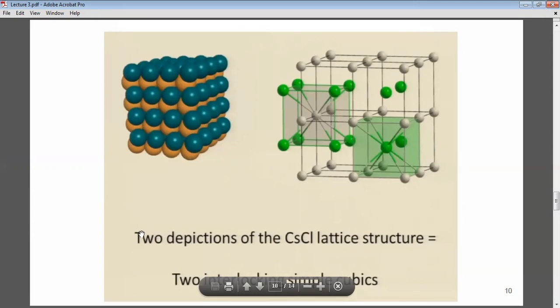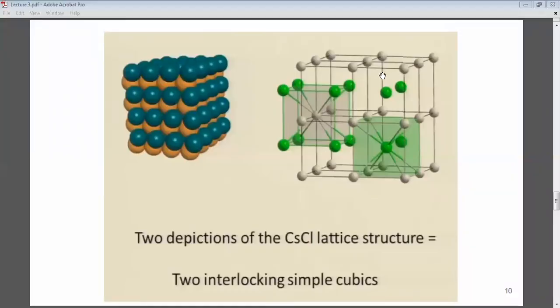So here I have two depictions of the cesium chloride lattice structure, and we can view them as two interlocking simple cubic lattices. One of them is made up of cesium, one of them is made up of chlorine.